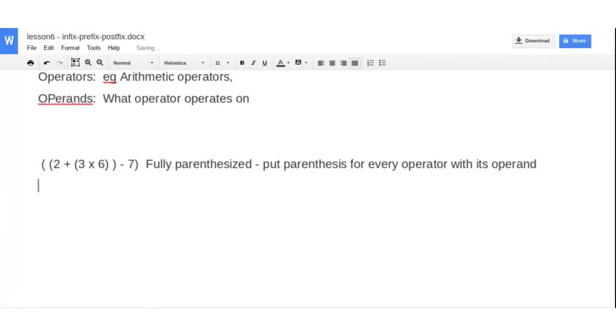So how can we actually go ahead and now convert infix to prefix, or convert infix to postfix?